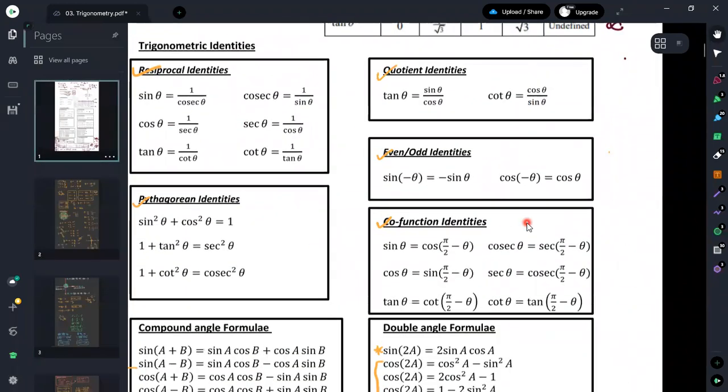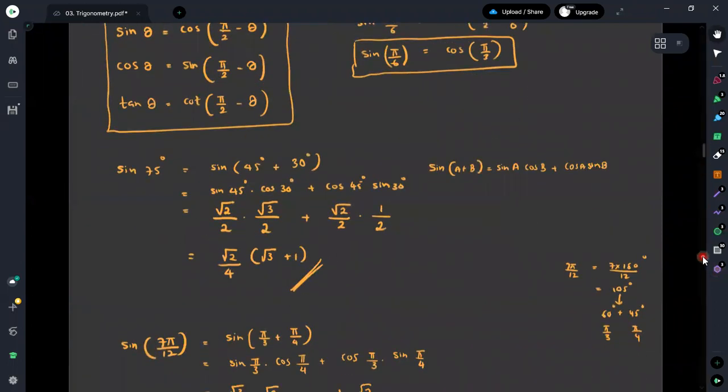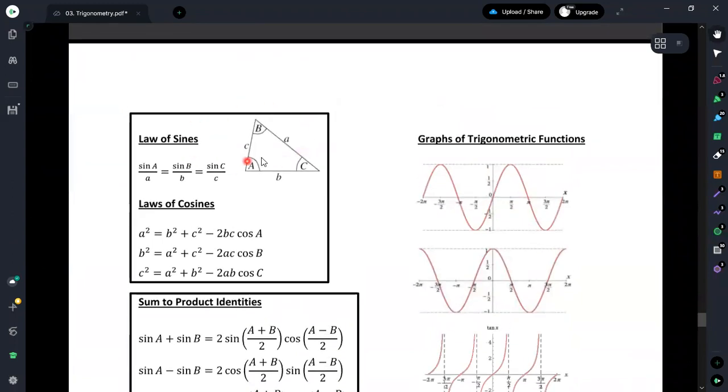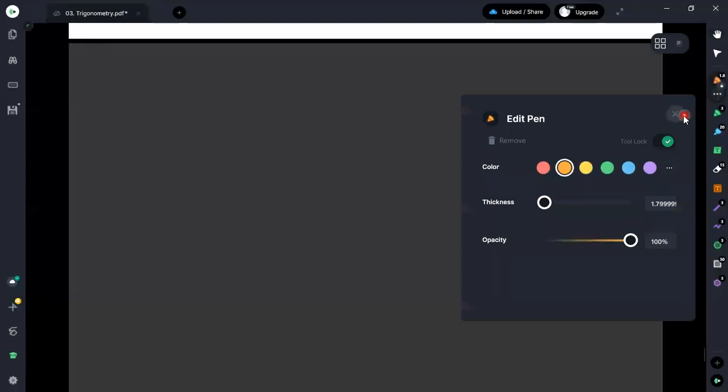When we are trying to obtain the sine law, suppose this is the triangle we are having, and if I draw it in this way, we can name the sides and the angles accordingly.